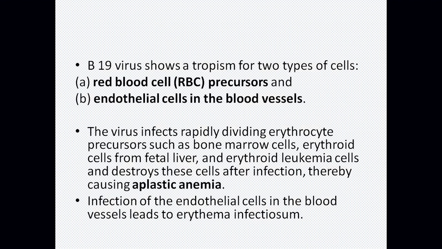B19 also has a tropism for two types of cells: first, the RBC precursors, and second, endothelial cells in the blood vessels. That is another property of parvovirus B19. It infects rapidly the RBC precursors present in the bone marrow cells, erythroid cells in the fetal liver, and erythroid leukemia cells. Ultimately, the virus develops there and destroys these cells after infection, resulting in the clinical entity known as aplastic anemia due to damage of the RBC precursor cells.